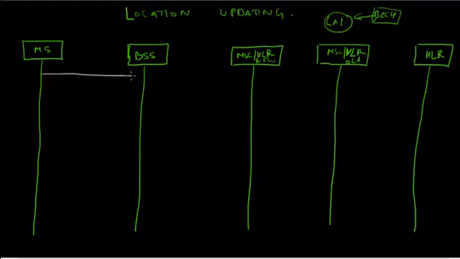What happens before it initiates the location area update request is it asks for a channel. So it sends a RIL3 RR, radio resource message, channel assignment request to the BSS, saying, hey, give me a channel where I can talk to the MSC VLR, a signaling channel.